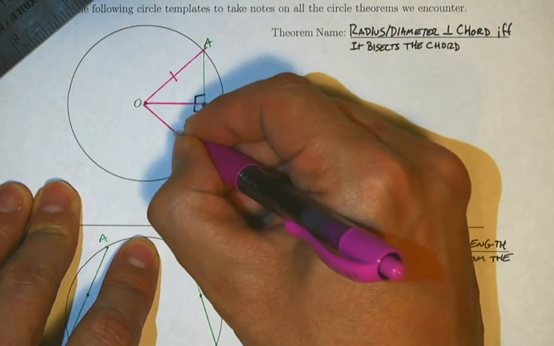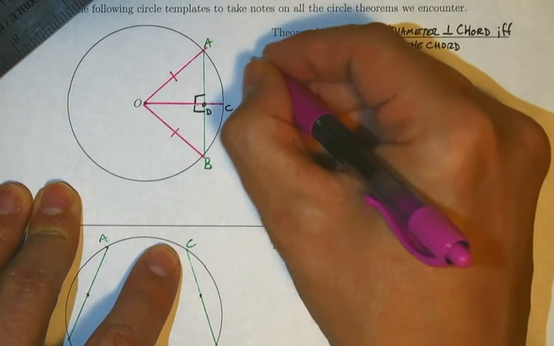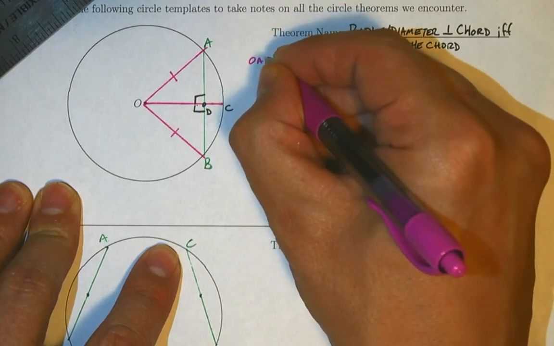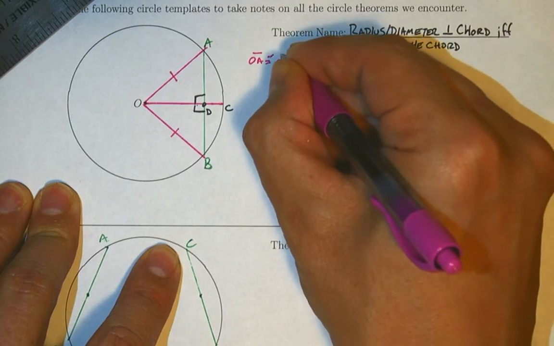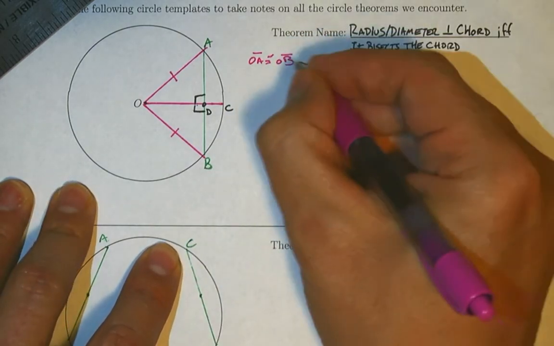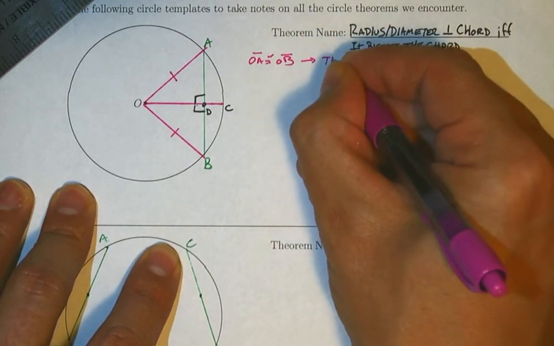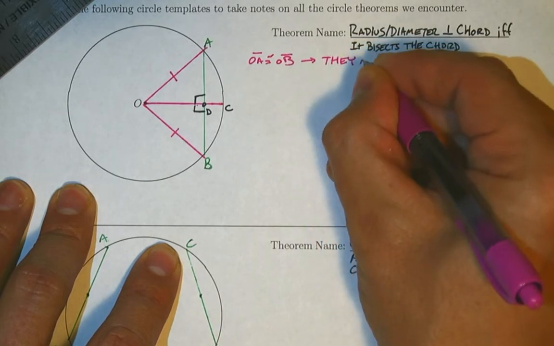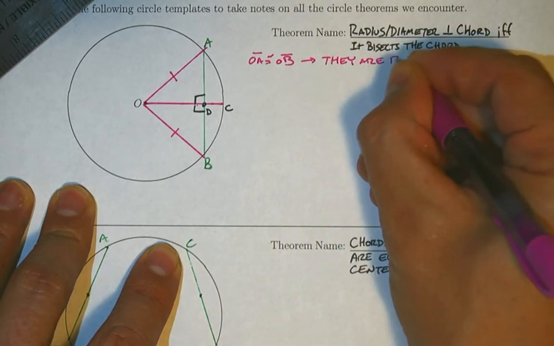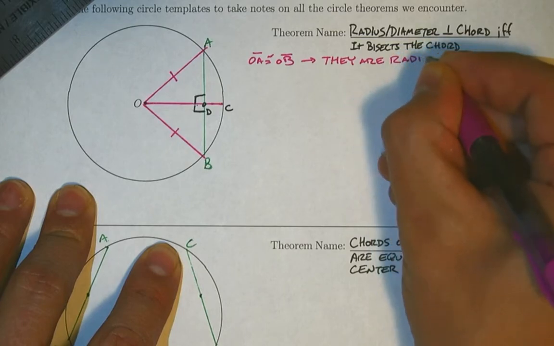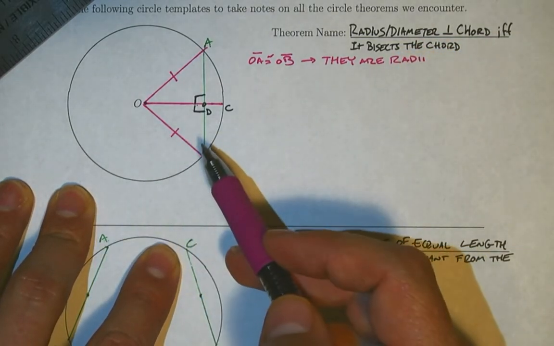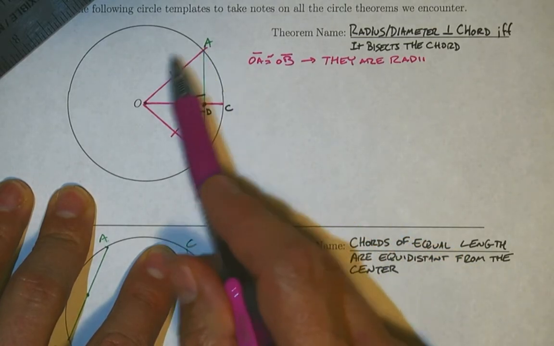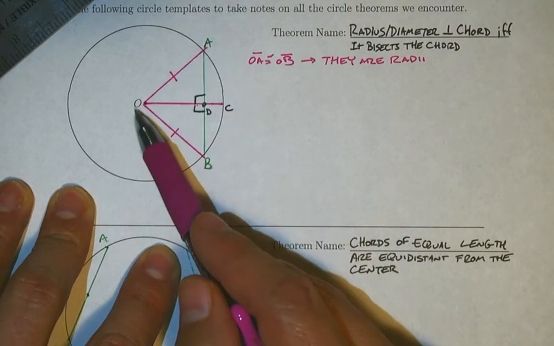So OA and OB are congruent, and that's because they are radii. So you can see that what we've started this proof off with is an isosceles triangle, OAB.